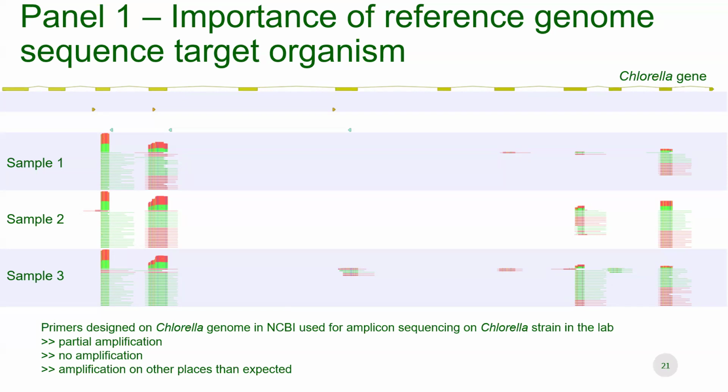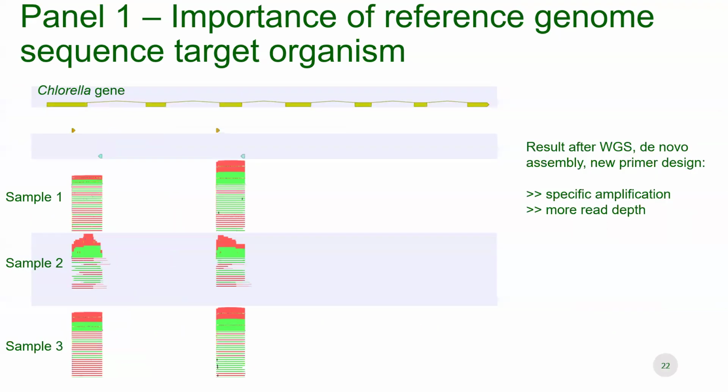And what we could see is when we designed these primers and guide RNAs on the chlorella genome in NCBI, and then used these primers on our chlorella strain in the lab, we could see only partial amplification or no amplification, or amplification at other places than expected. So it was really important for us to have the genome sequence of our chlorella strain in the lab.